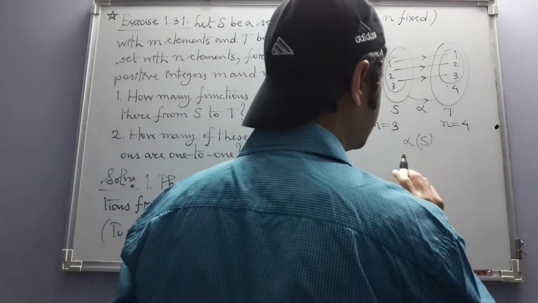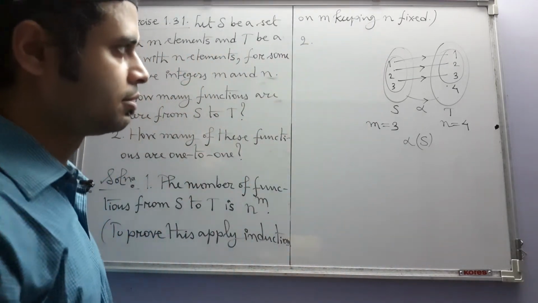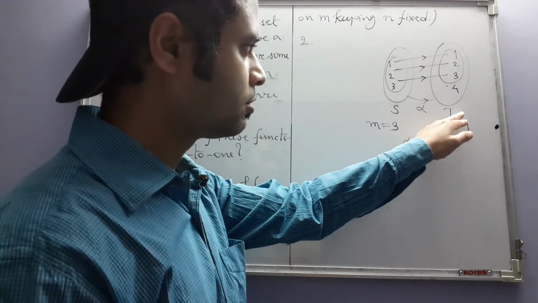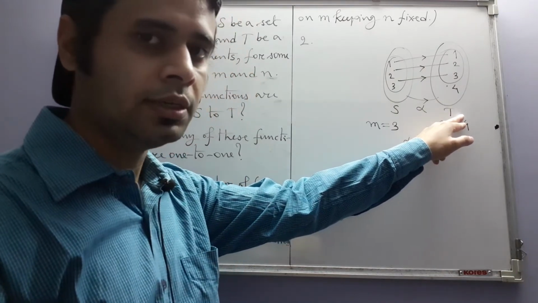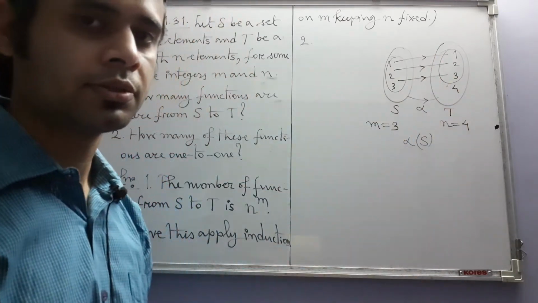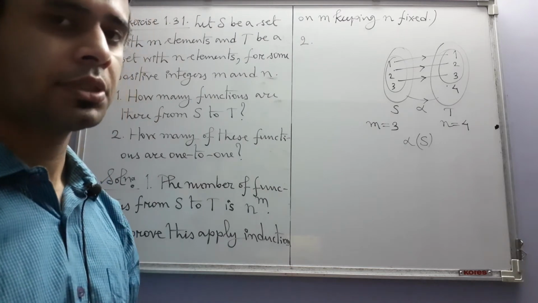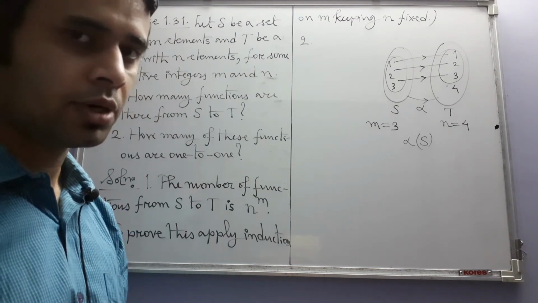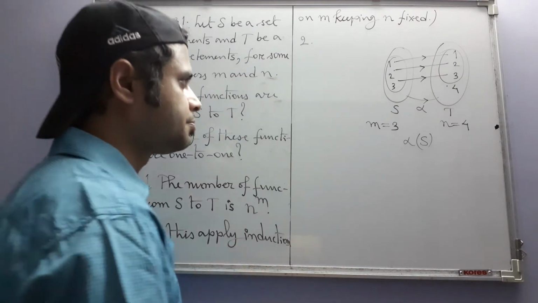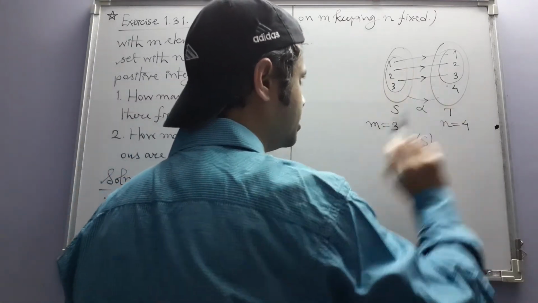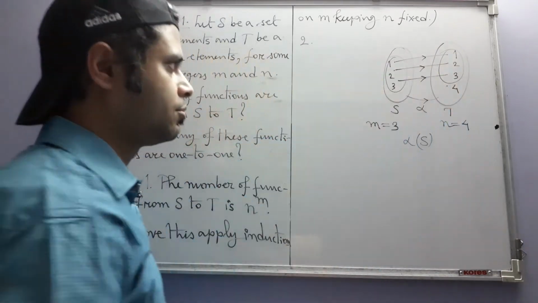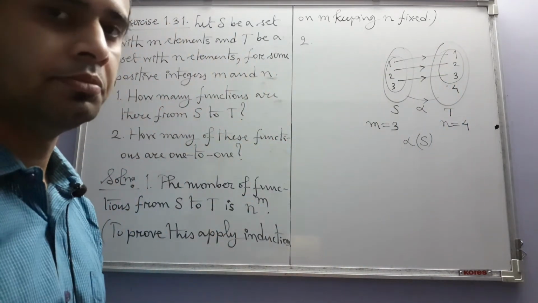So to find the one-to-one functions, you have to concentrate on those subsets of T that have 3 elements. How many such subsets are there? That number itself will not be the number of one-to-one functions, because apart from this, you can change the outputs, you can permute them.